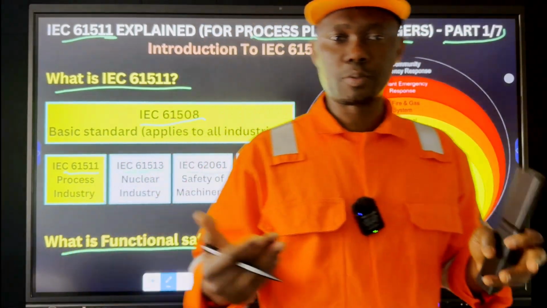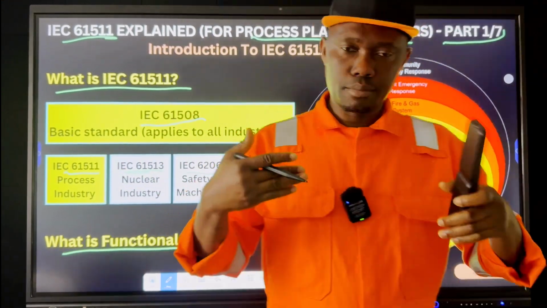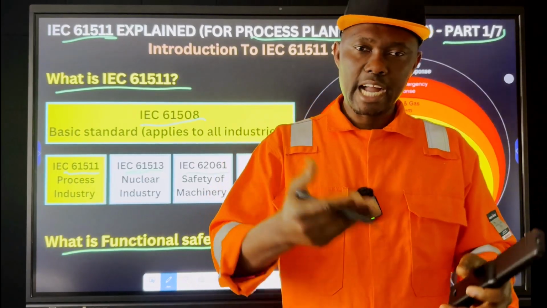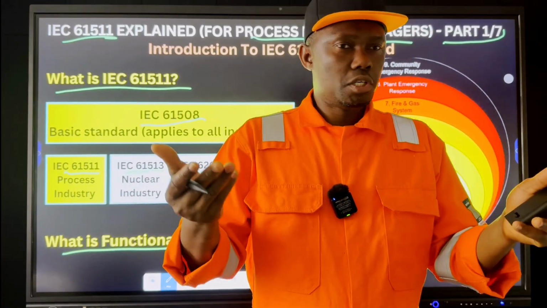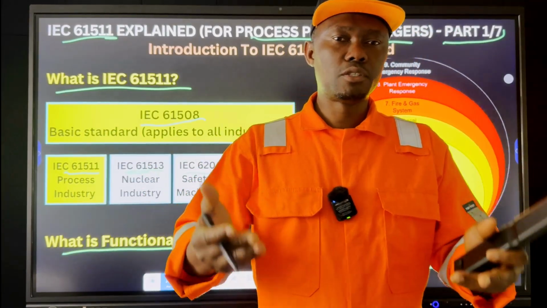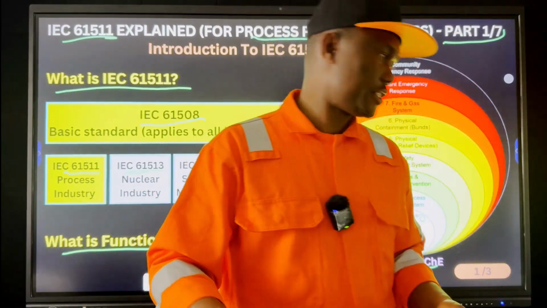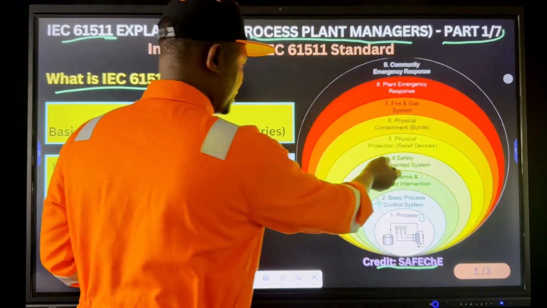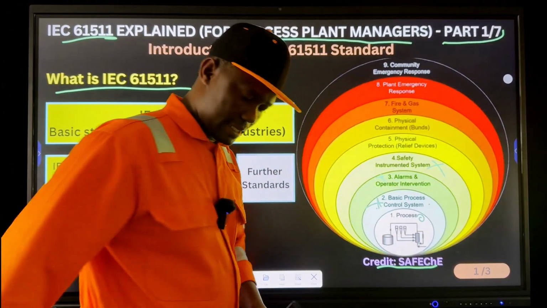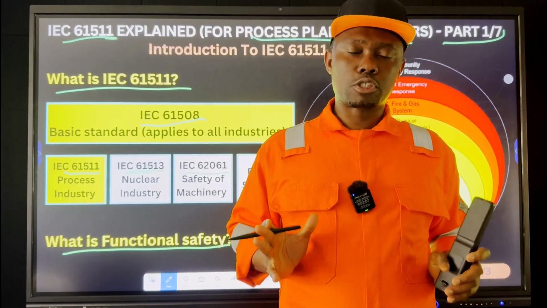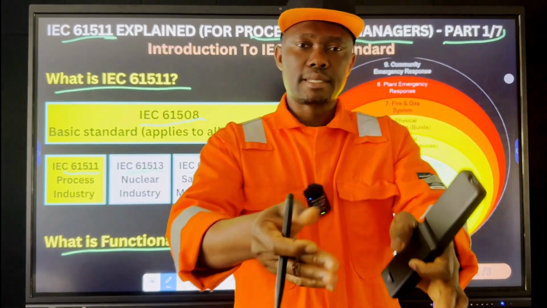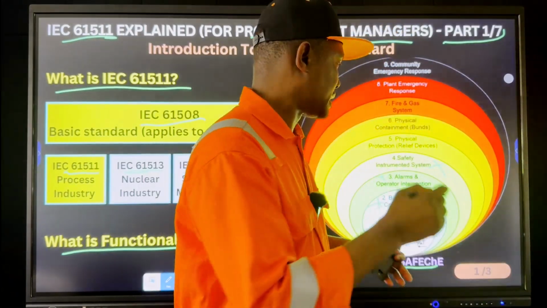Now, it's the responsibility of the operator to quickly react to that alarm, which could be to adjust a process parameter, or to stop an equipment, or even to initiate an emergency shutdown procedure. If all that fails, the next layer of protection is the safety instrumented system, the SIS. What it does is to try to trim the process and bring the process to a safe state. That's the primary function of the SIS.